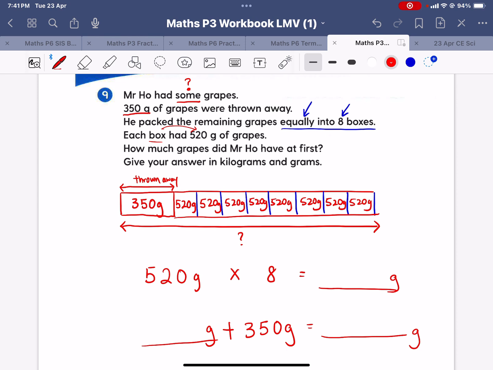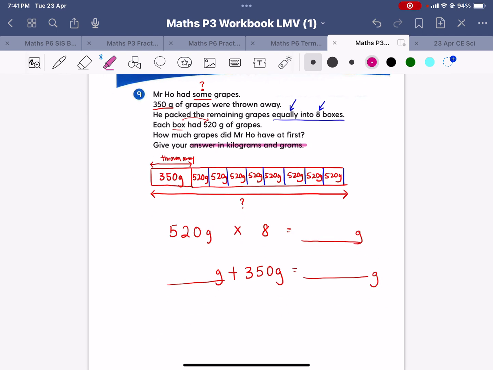But hey, they want our answers in kilograms and grams. Which means to say that we are going to have a last step that converts this answer into kg and grams.